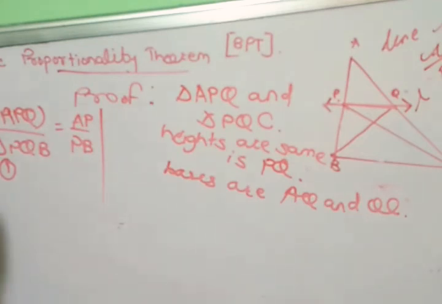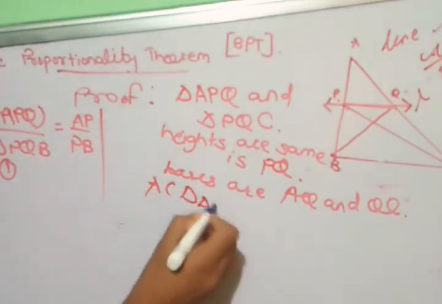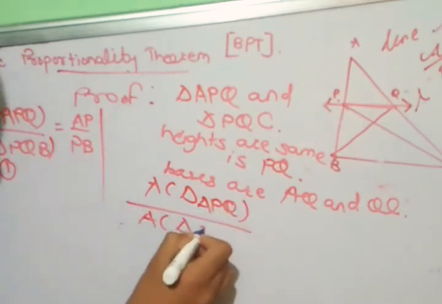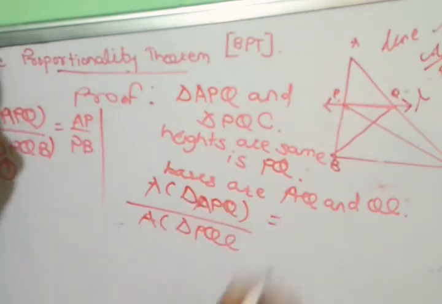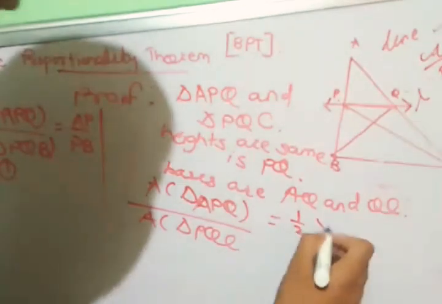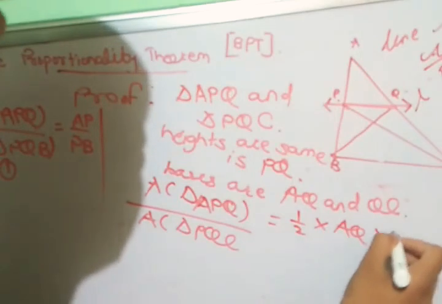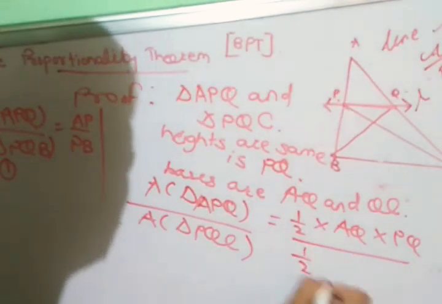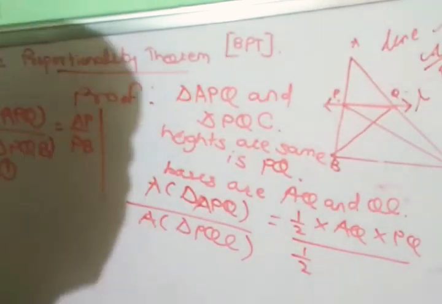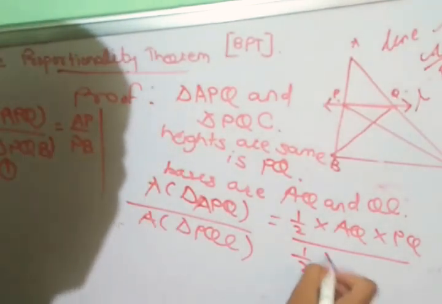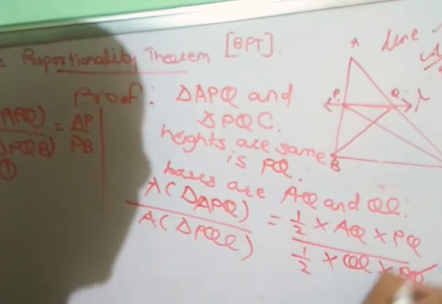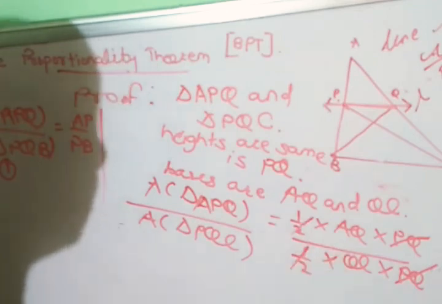So friends, in the third step, the area of triangle APQ by the area of triangle PQC is equal to half into base into height. The base is AQ and the height is PQ. And in triangle PQC, the area formula is half into base into height. So in triangle PQC, the base is QC and the height is PQ. The heights are equal, so they cancel, and the halves also cancel.